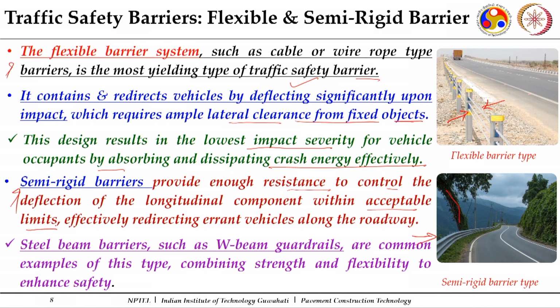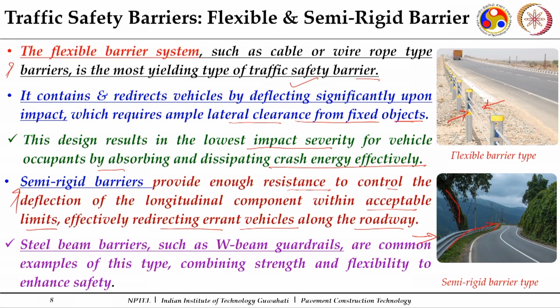Yes, definitely a certain amount of deflection will be there, but within acceptable limits, effectively redirecting errant vehicles along the roadway. So, it deflects, and with its help the vehicle gets redirected onto the carriageway.